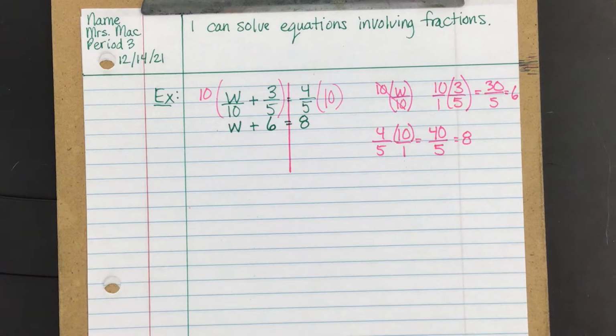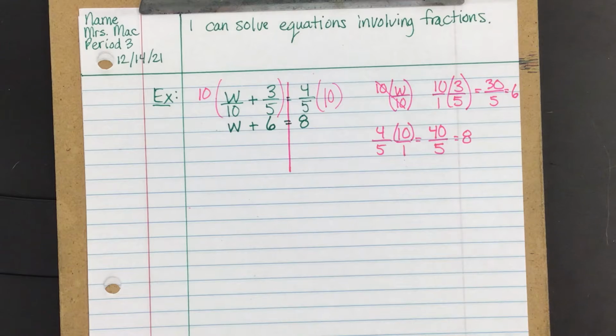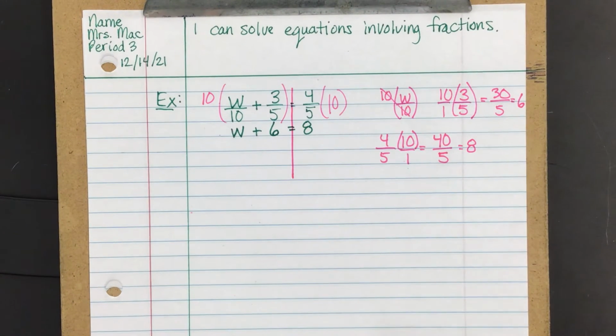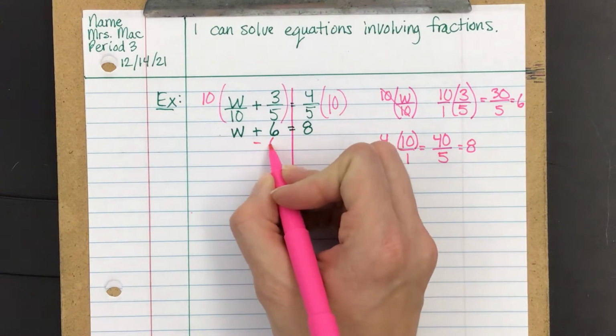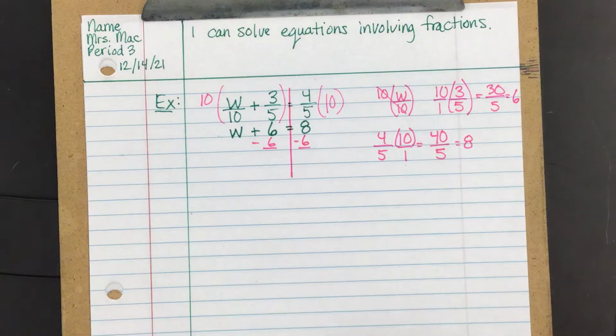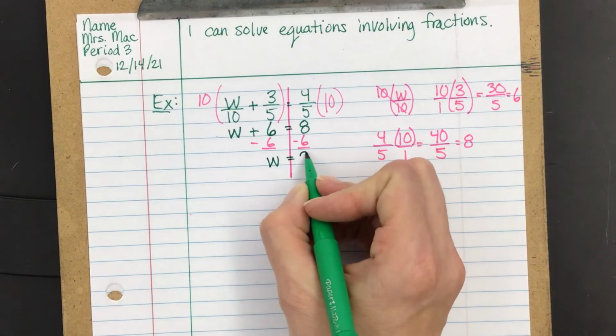Okay, any other questions? All right, so let's finish solving this now that it's a super easy equation. I'm going to subtract 6 here. I'm going to subtract 6 here. And we have w is equal to 2.